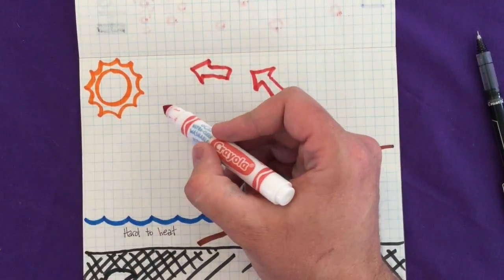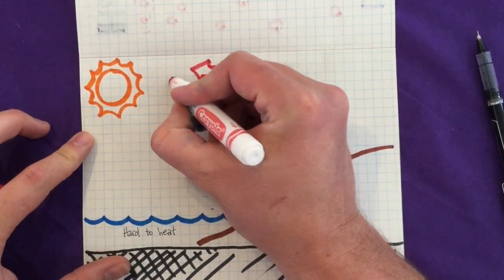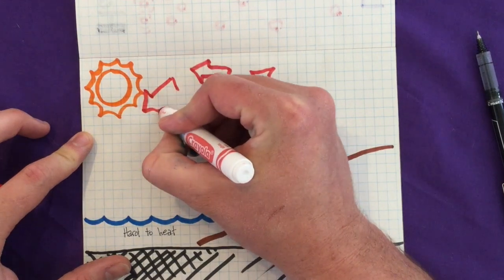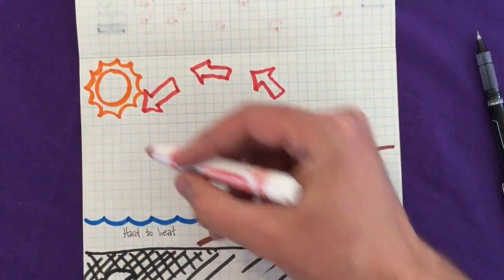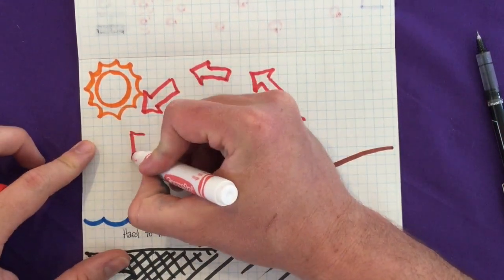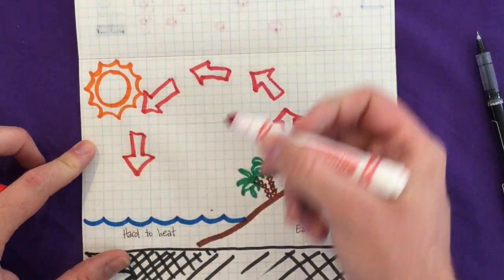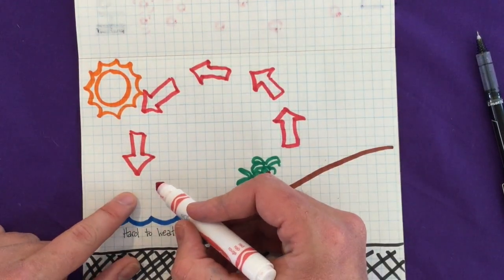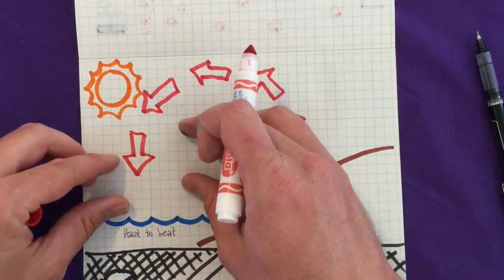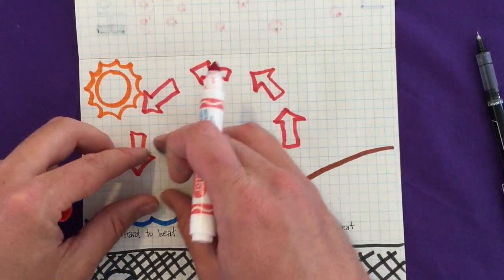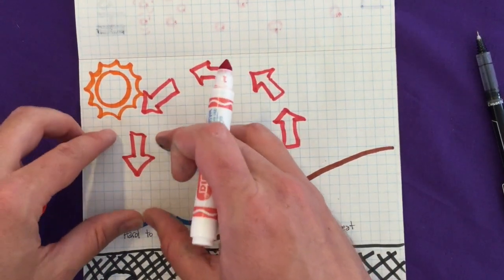Once it's out over the ocean, it's going to keep cooling off, and that air is going to start dropping. Eventually, it's going to drop some more, and then it's going to get so cool that the air molecules are going to condense a little bit. It's going to get tighter, and that pressure is going to build up.